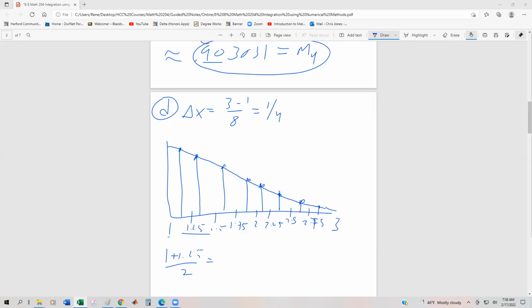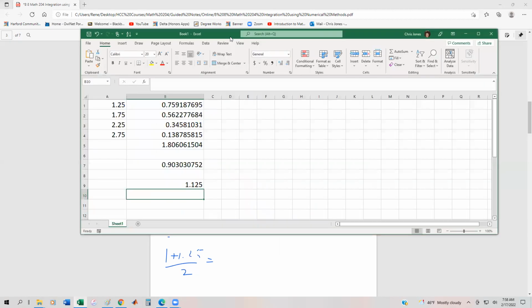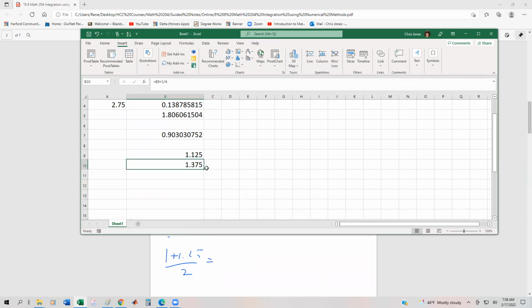All right, so that's going to be this guy right here, right? And then for the next one, I'm going to do the same thing, and what I could do is just say equals B9 plus 1/4, because that was the delta. All right, and then I can just keep dragging this, recursively, and hopefully it's going to do what I think it's going to do.